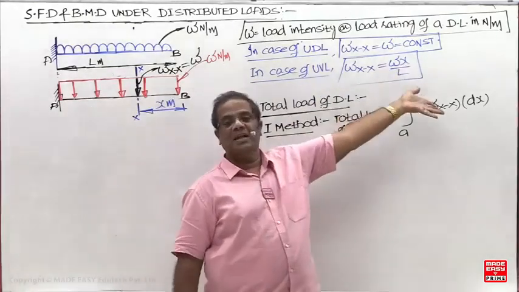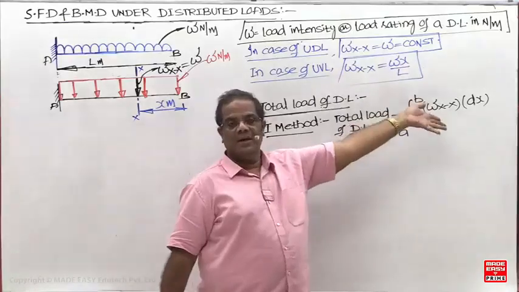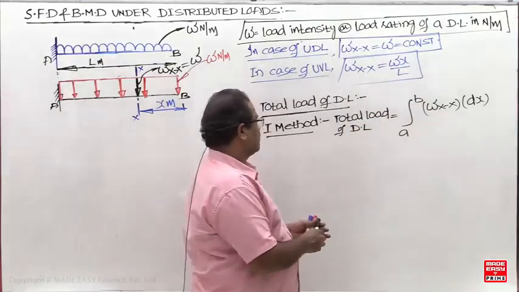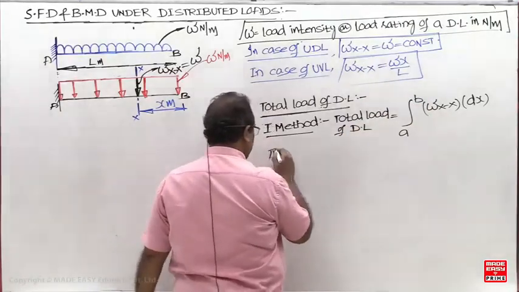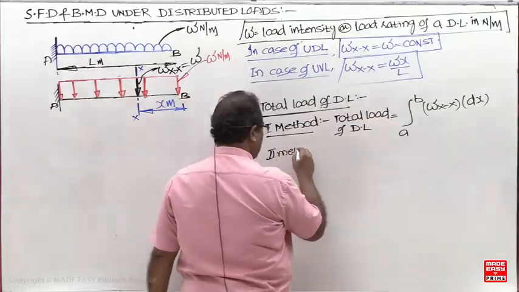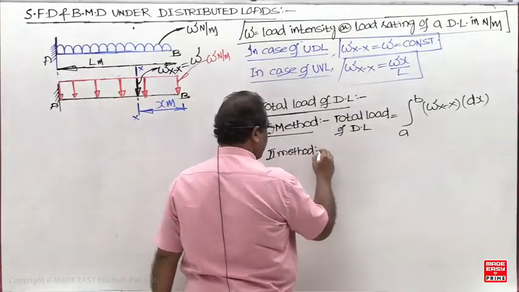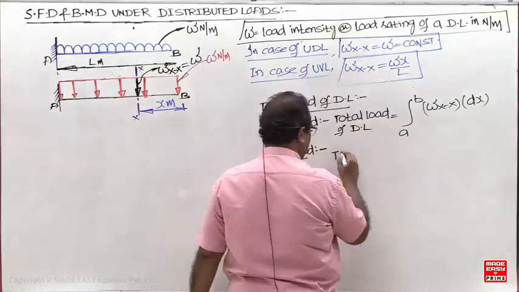Now you have to do the integration. This is the actual method. What is the other method you are going to do now? The other method is the area of the plane figure.